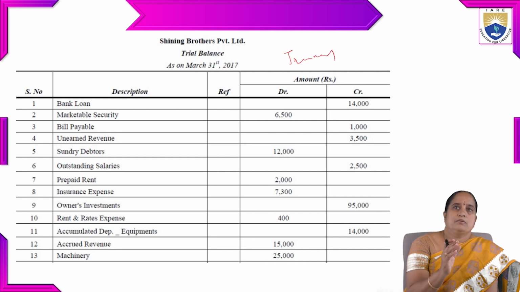So bank loan, credit. So on credit side I have entered. Marketable security, asset, debit side. Bills payable, expense, credit side. Unearned revenue, that is also liability. So mentioned on credit side. Sundry debtors, asset, debit side. Outstanding salaries, expense, which we are going to pay later.